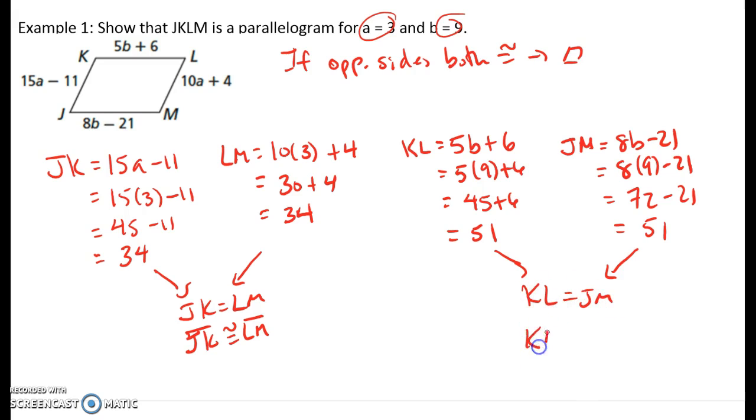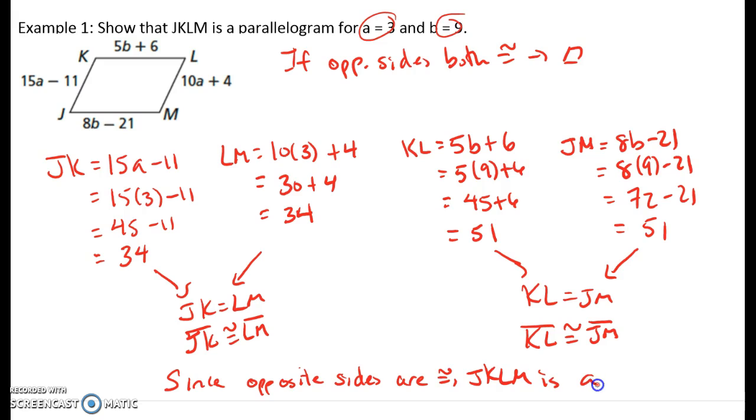And again, by your definition of congruent segments, they are congruent. So since the opposite sides are congruent, JKLM is a parallelogram. So make sure you summarize that for me. Tell me what your work represents.